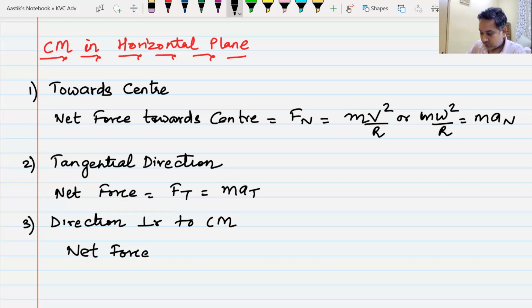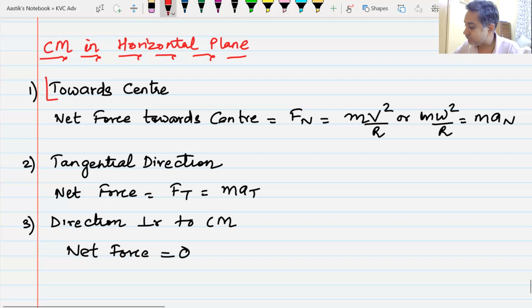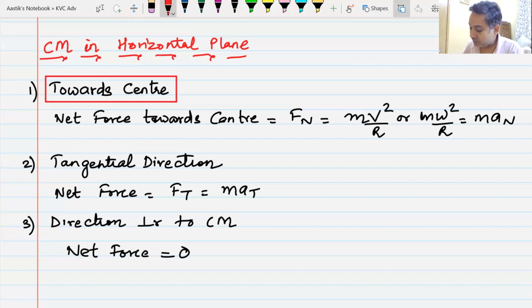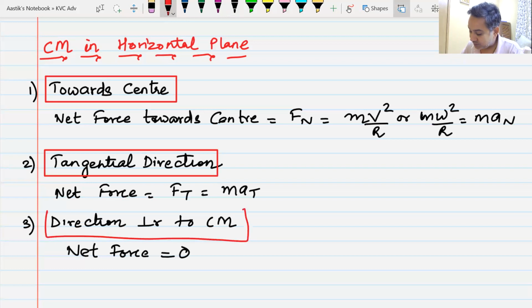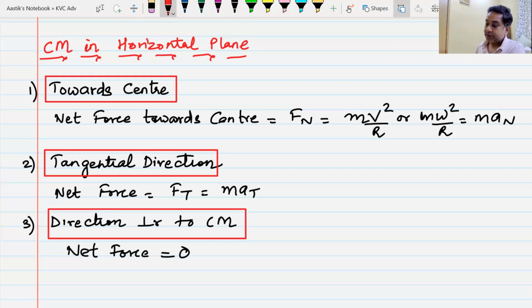Yes, sir. These are the three directions along which you have to make equations. And now you know how to make equations. You should be able to do it. Get your answers and stay happy. Okay? Yes, sir.